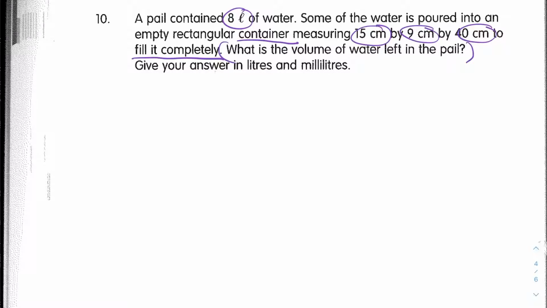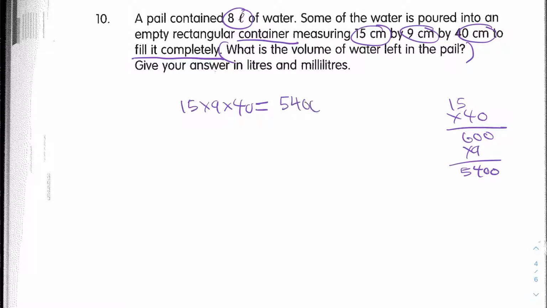So we need to find the volume of the container, which is 15 times 9 times 40. So 15 times 40 is 600 times 9, 5,400 cubic centimeters, or you can put it as milliliters.